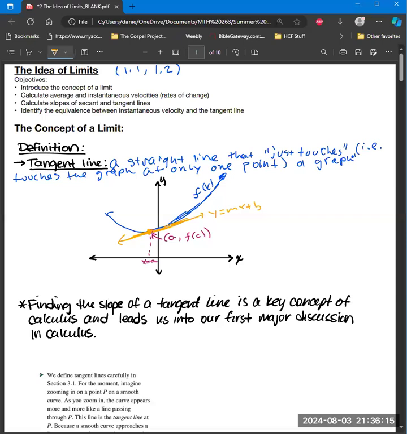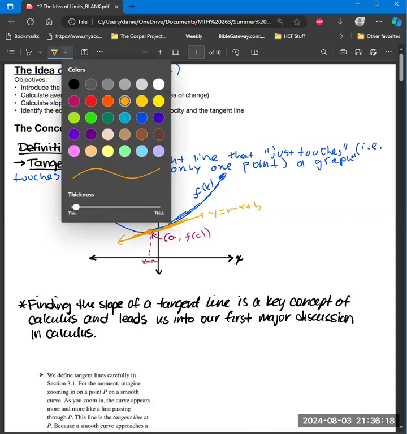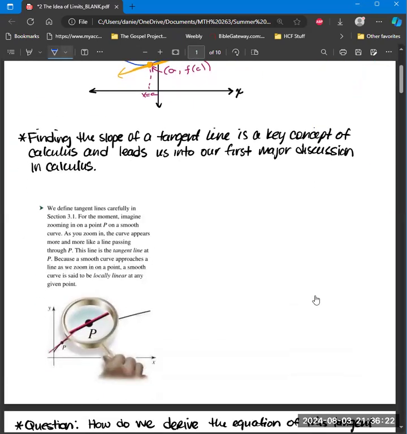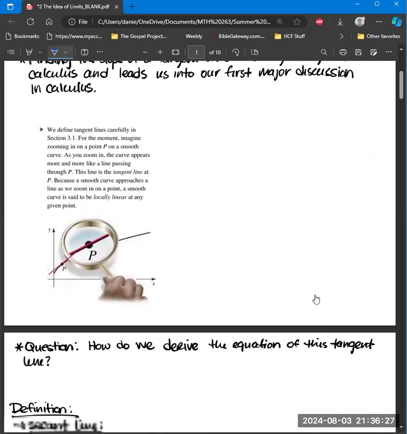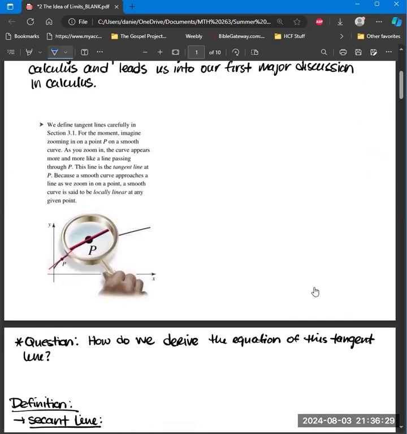All right, let's go back to our definitions here. So when we find the slope of a tangent line, that's a key concept in calculus, and it leads us to our first major discussion in calculus. So we define tangent lines carefully in the book. For the moment, though, imagine zooming in on the point P here on this function.